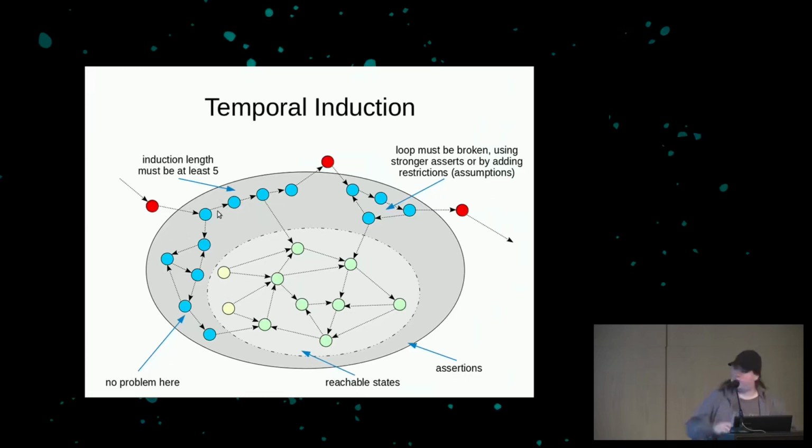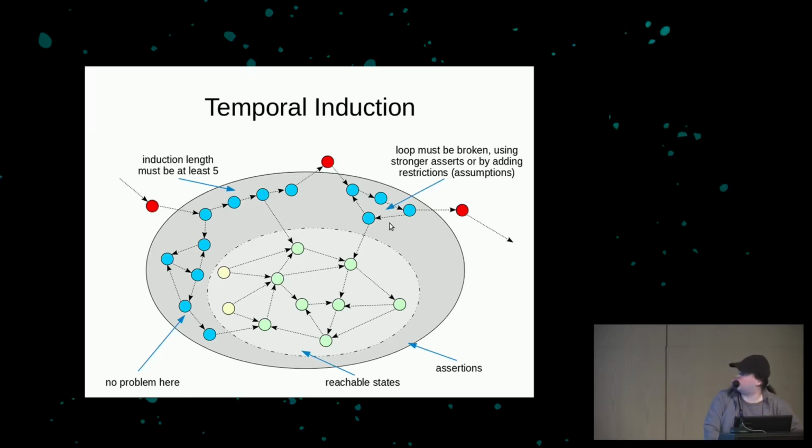But if we say we have proven for 5 consecutive states that are okay with our assertions, then we won't get a counterexample here. However, we might get a counterexample here. Why? Because there is a loop. And in this loop, I can fit an arbitrarily long sequence of states that are all okay with my assertions. And then in the end, I break out and reach this state here.